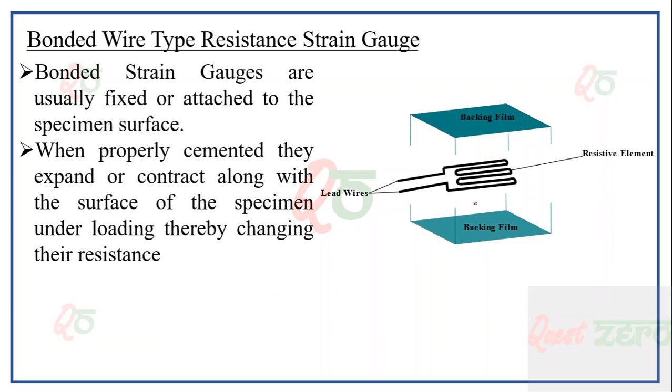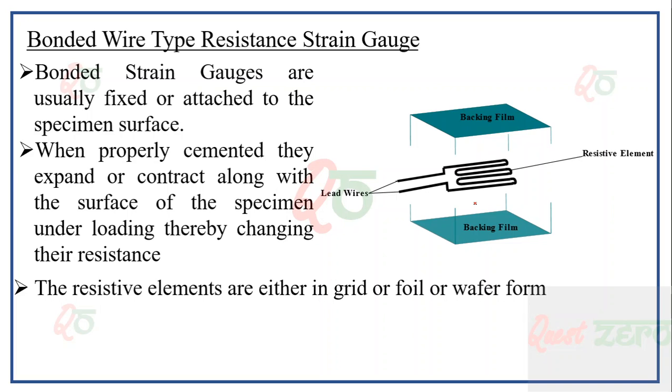Why is a backing material required? Backing material is required for insulation as well as for keeping it on the specimen. So bonded strain gauges are usually fixed or attached to the specimen surface. When it is properly attached, it contracts or expands along with the specimen under loading. So the amount of resistance change is now very accurate compared to the amount of elongation that takes place.